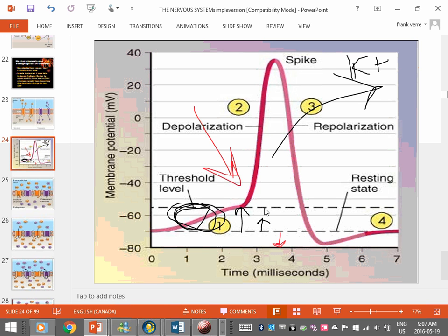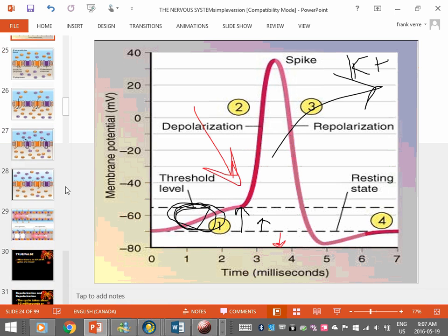Which way do you think the threshold moves? Up would be further away from the resting state. Yeah, it moves down. So the threshold in the neurons when you have a high fever actually gets pushed further down, which means it's closer to resting state. So they're easier to fire, and that can cause seizures.